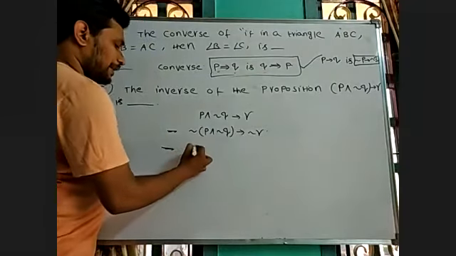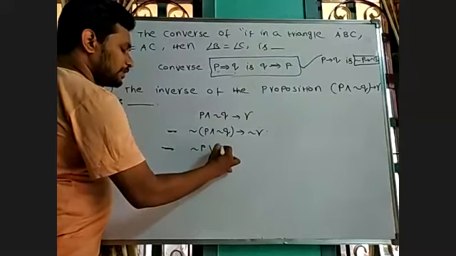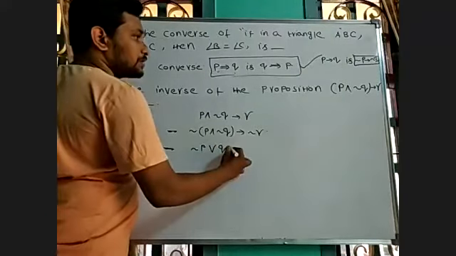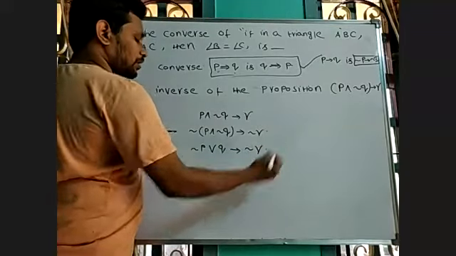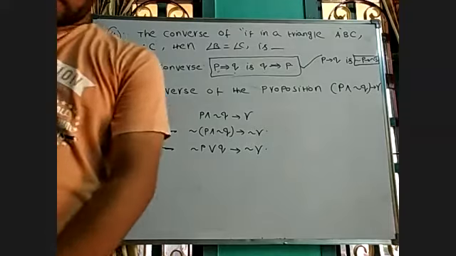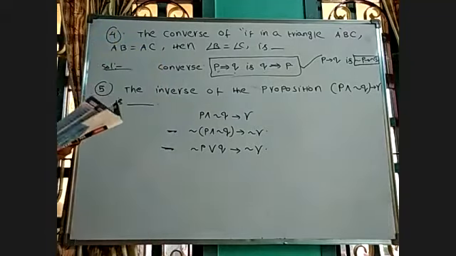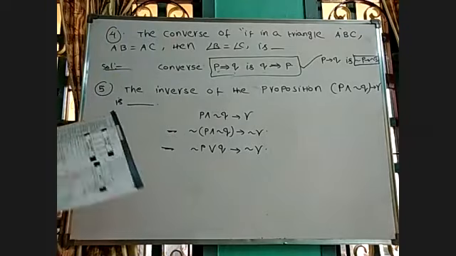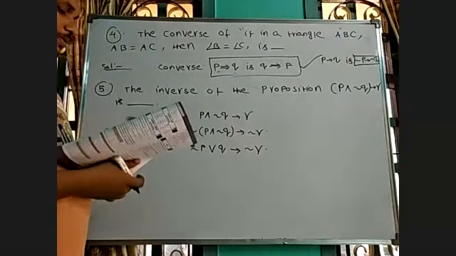If you apply negation of P, this symbol will be reversed. This will be Q implies negation of R. Right. Option 2.